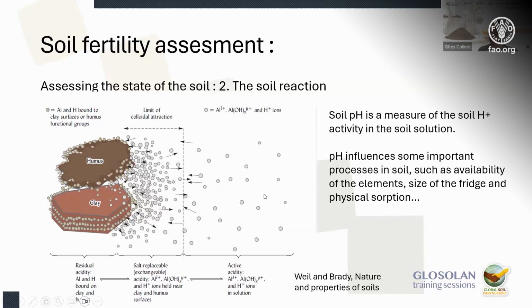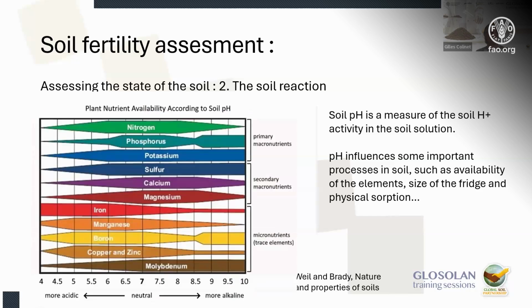With the KCl, you displace some of the protons to the soil solution by replacing them with potassium. And then there's still another kind of acidity, which is more bound onto the clay and the humus, and that you don't measure with the classical extraction.